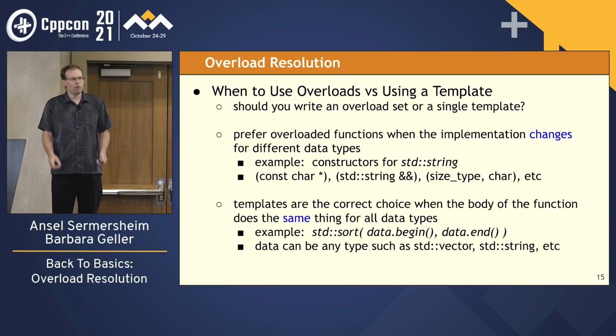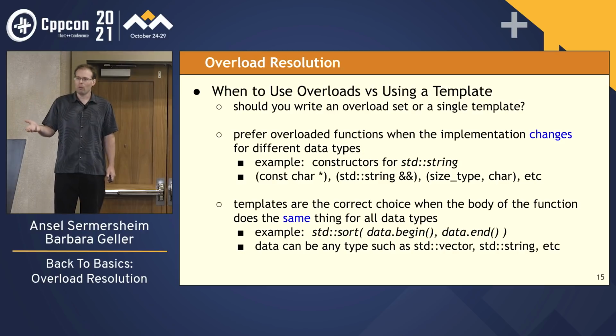You'll see an example of this in the standard library in the constructors for std::string. There's a constructor that accepts a const char pointer and copies the data into a newly allocated string. There's another constructor, the move constructor, that takes a std::string by rvalue reference and moves the data out of that object.